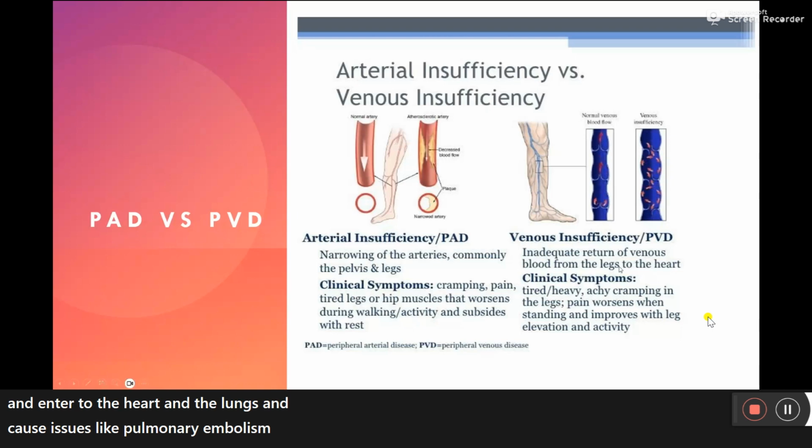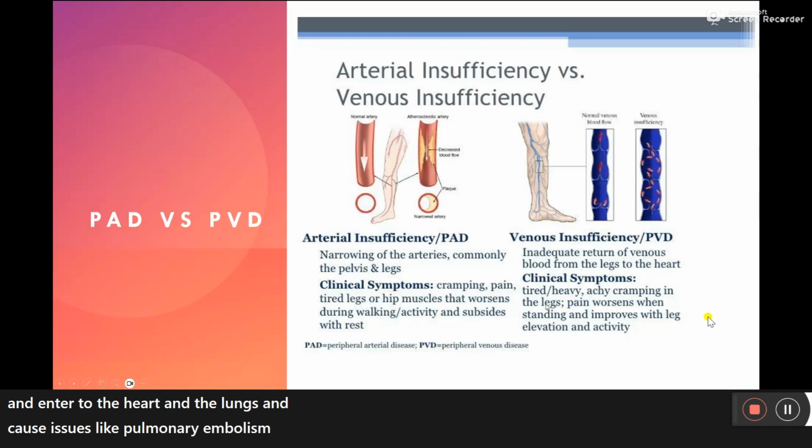So the patient presentation for peripheral venous disease is different than arterial disease, because with venous disease the issue of concern isn't lack of perfusion of blood into the muscle, tissues and organs. This is a lack of venous return to the heart.